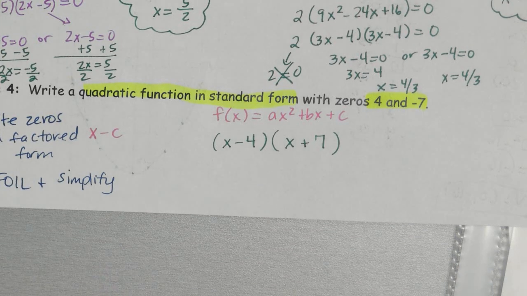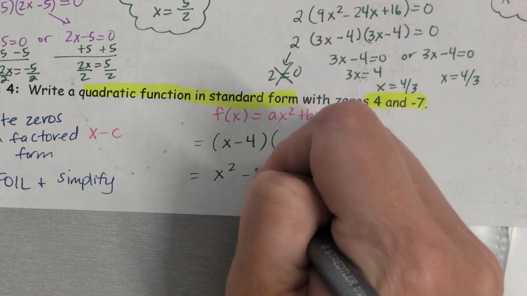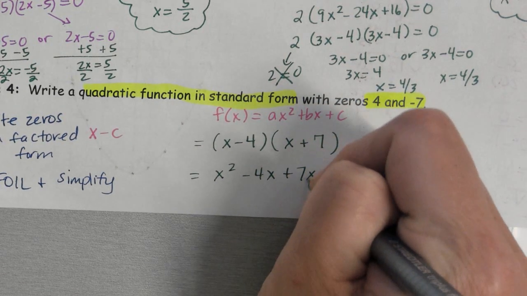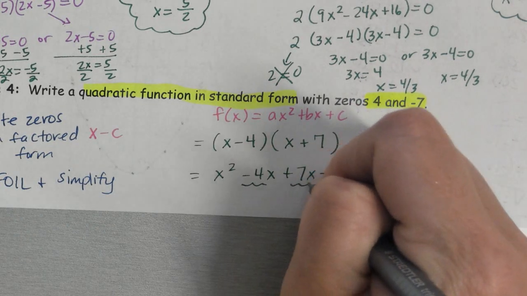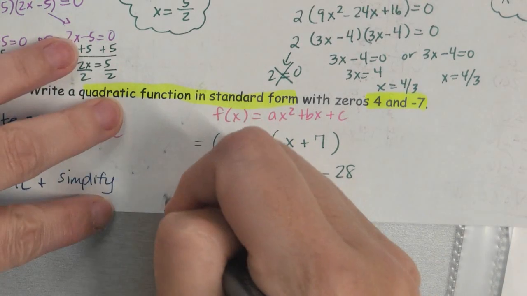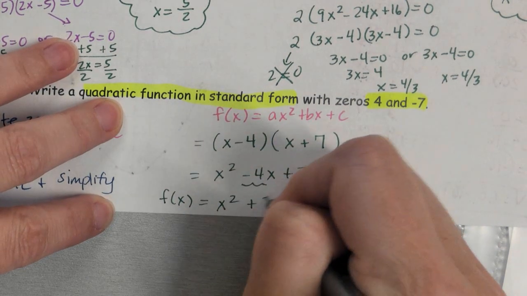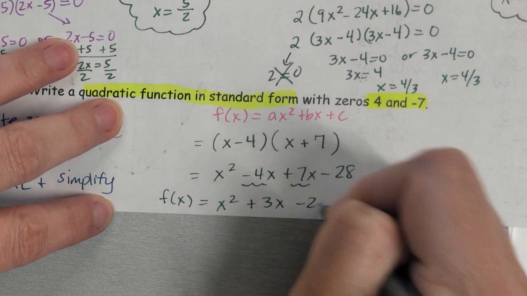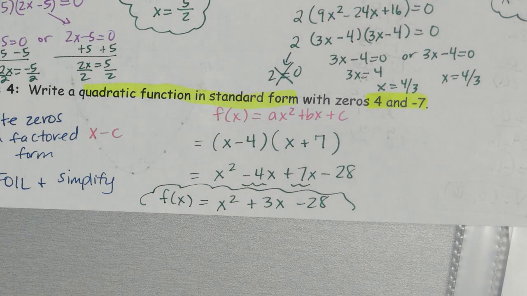And then I'm just going to FOIL, okay? So this would be x squared minus 4x plus 7x minus 28. Combine your like terms, and your final answer will be f of x equals, don't forget the f of x, and then all you have to do is FOIL, okay?